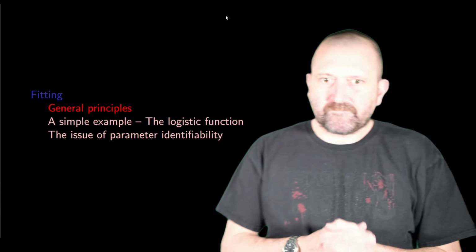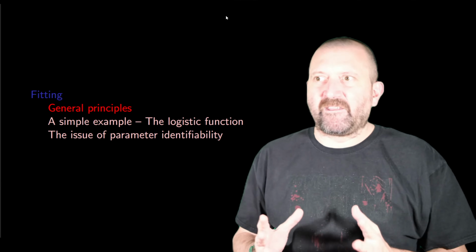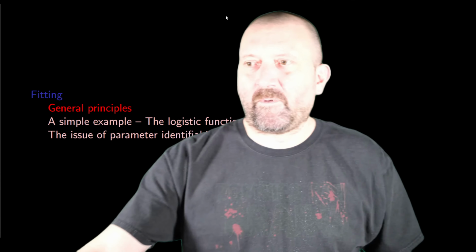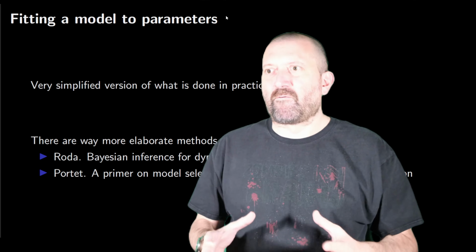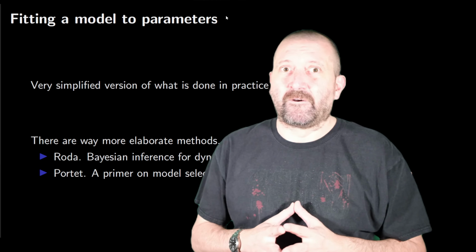So to begin with, let's talk about what it is that we do when we fit a model. And I should point out that there are varieties of names that you will see for this procedure.